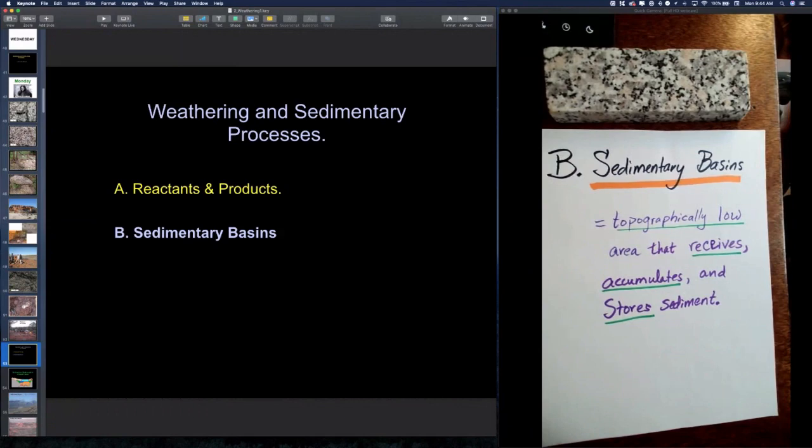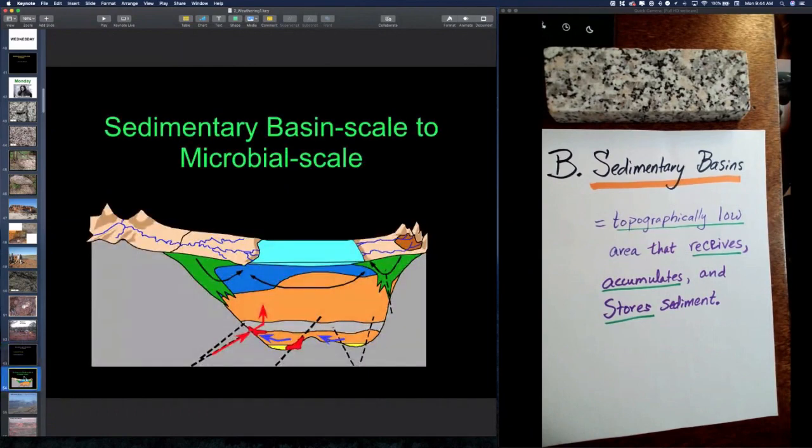I often will make a cartoon diagram of what a sedimentary basin looks like. It's a whole big area where you've got mountains and hills and streams running into a low area. You might have a lake or the ocean, and sediments accumulate.